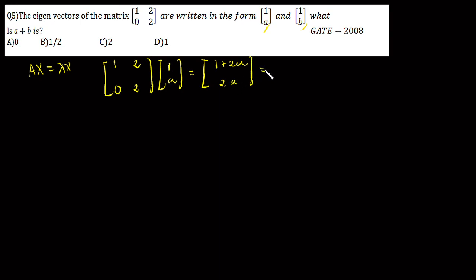Now if I bring 2 common, then this entry and this entry will be exactly the same, because we are given that this is the eigenvector, and this vector must be represented in the form lambda times x. So let's select lambda as 2, and I can make this 2A into A, which is exactly identical, and at this place what I am getting is just 1 half plus A.